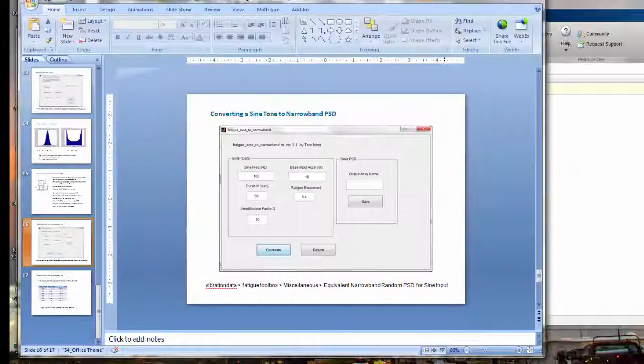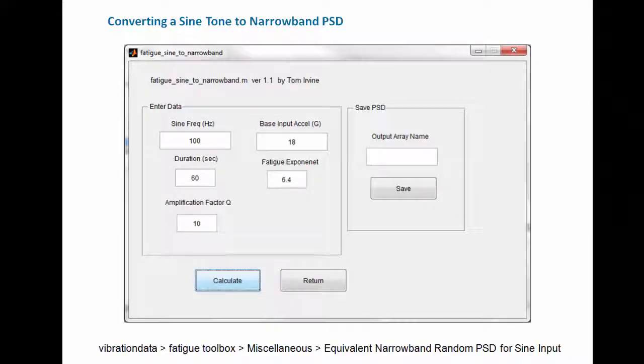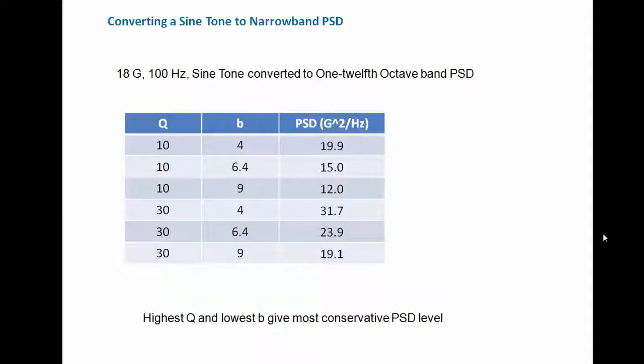Now we're going to have to get pretty honest here. I love these tools, but neither do I want to oversell them. So what I did is I just took that previous script that we just ran for converting a sine tone to a so-called equivalent narrowband PSD. And I said, what would happen if I varied some of these parameters?